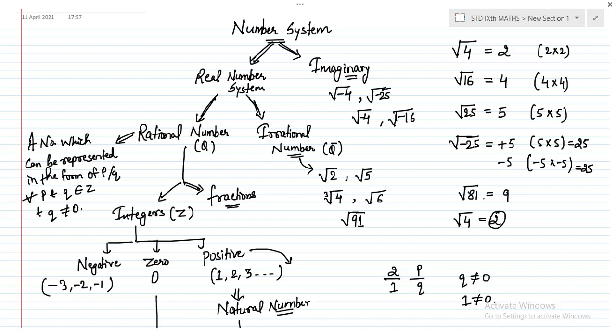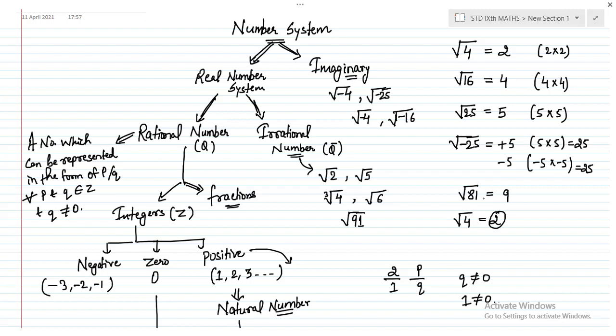Now, talking about the real number system, it is further categorized in two categories. One is rational number, the second is irrational number, which is the basic name of the chapter. Now, rational numbers are those numbers which can be expressed in the form of p upon q, where p and q belong to integers and q should not be equal to 0.